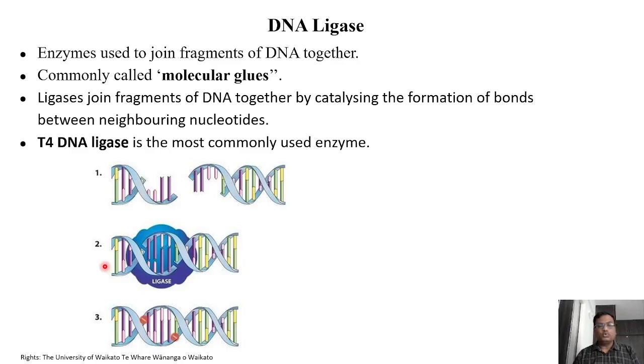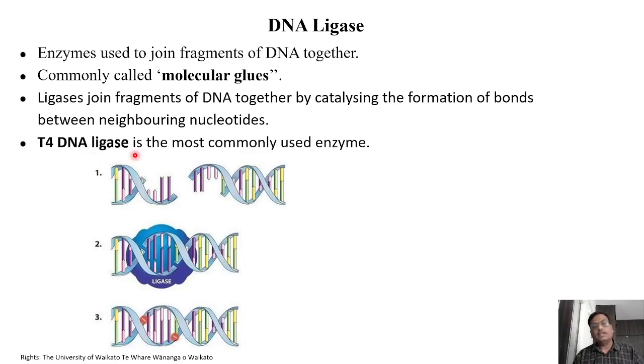When two sticky ends come together, the pairing will occur because of the complementary nucleotides, whereas the DNA strands must be joined together covalently. So the phosphodiester bond must be formed between the nucleotides of different DNA strands.